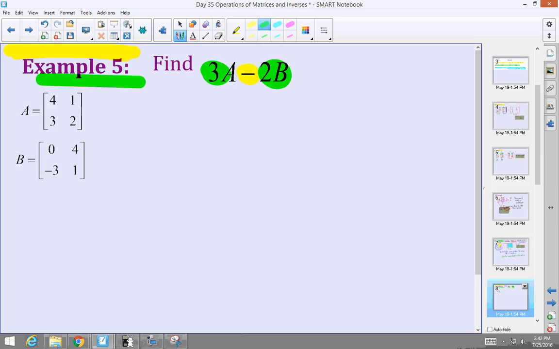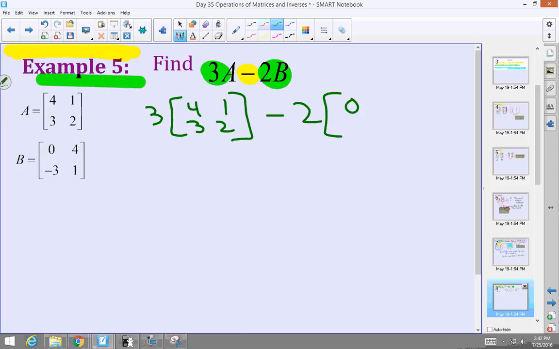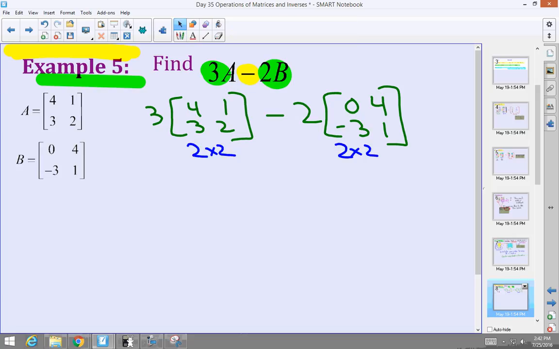So when I want to organize this, I would go something like 3, 4, 1, 3, 2, minus 2, 0, 4, negative 3, 1. Okay? And what's going to happen is this is a 2 by 2. This is a 2 by 2. So when I do my work, my final answer will also be a 2 by 2.